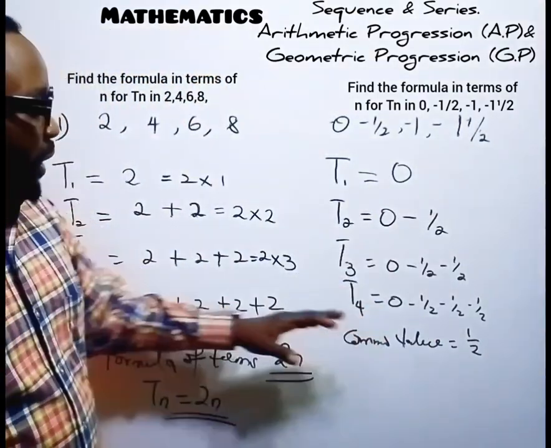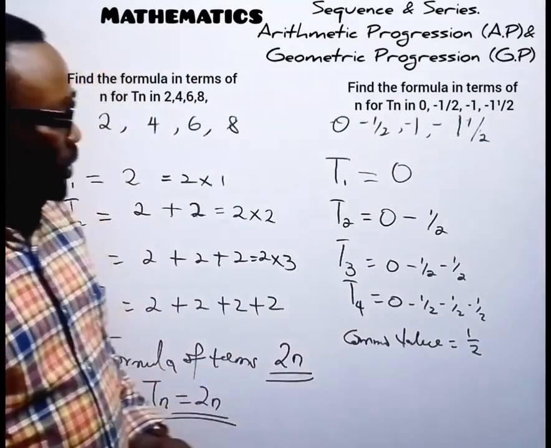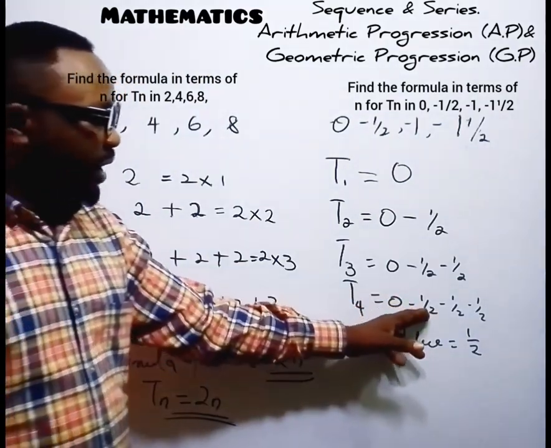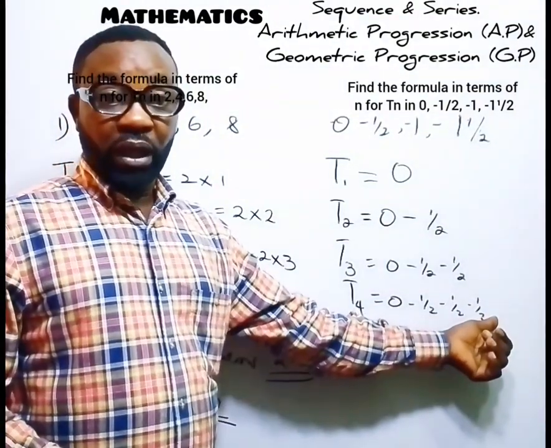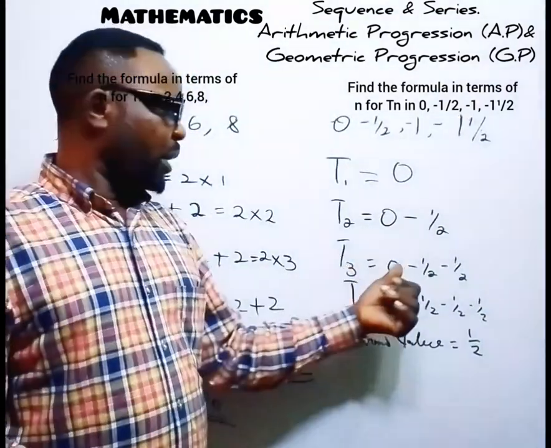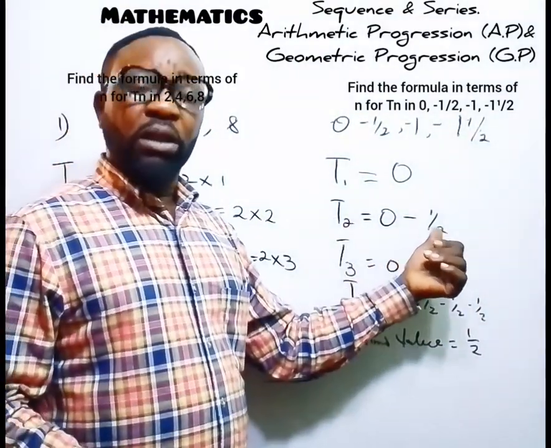Now, if I look at it very well, I can say that 1 over 2 is common to them. Here, how many of the 1 over 2 do we have? In the fourth term, we have 3 of 1 over 2. In the third term, we have 2 of 1 over 2. In the second term, we have 1 of 1 over 2.